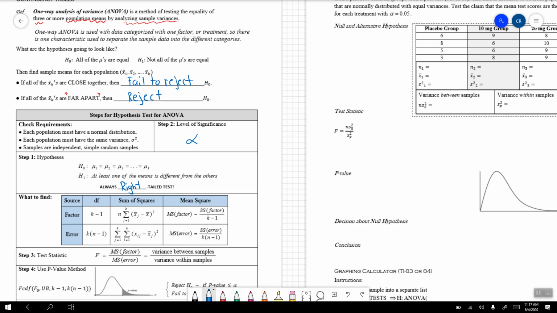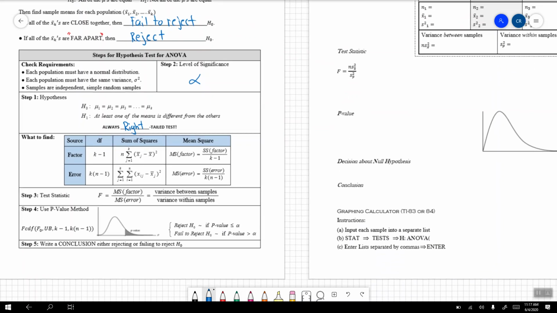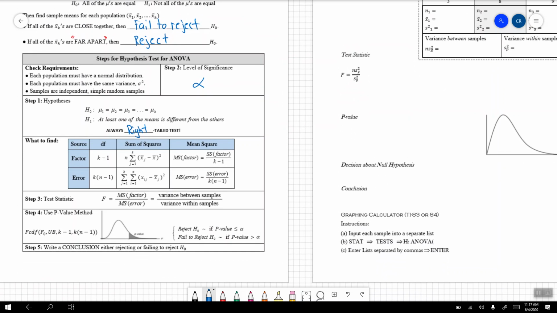And when we were working with the goodness of fit, that chi-square distribution was always a two-tailed test. However, this particular method for ANOVA testing is always going to be a right-tailed test. So it's important for us to keep that in mind. Always a right-tailed test.